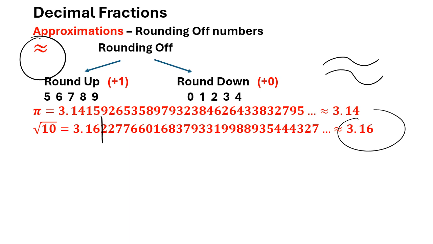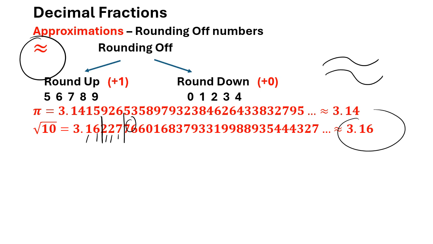But if we wanted to round this number to say 5 decimal places, we'll count 1, 2, 3, 4, 5. Which means we're supposed to cut the rest out. But before we do this, we decide to round up or round down. So 7 is the number that is cut off, the first number to be cut off from the original value of the square root of 10.